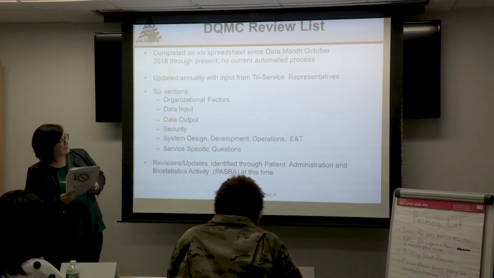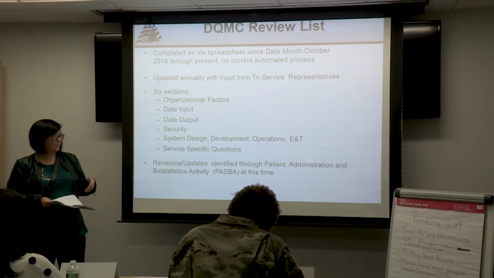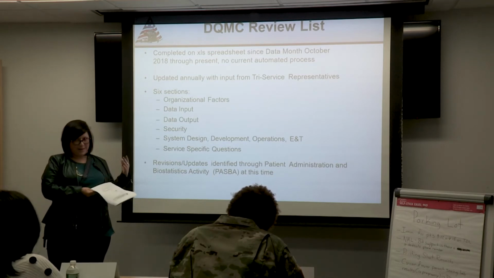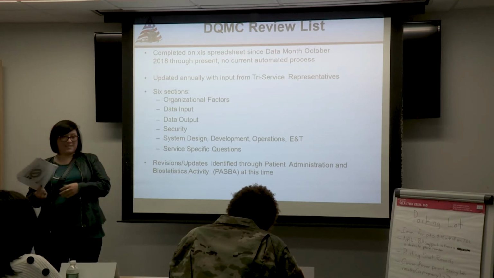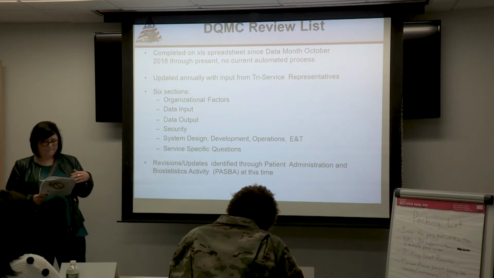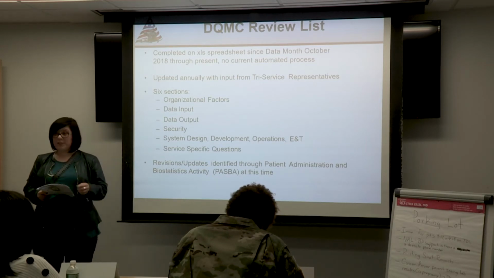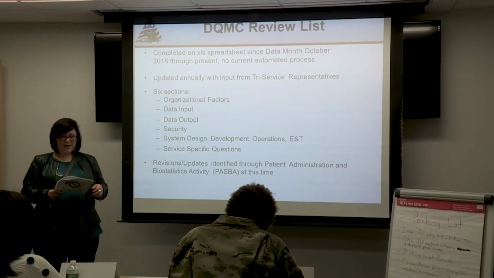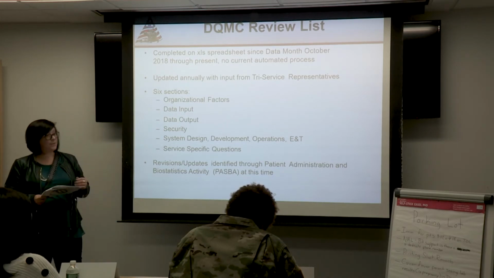Our review list is a spreadsheet that we've been doing. Like I said, it was previously online with PASBA, and then it'll go back online on 1 December with our October data. We have been documenting from October 2018 until present, since there is no current automated process. It is updated annually by the tri-service representative.